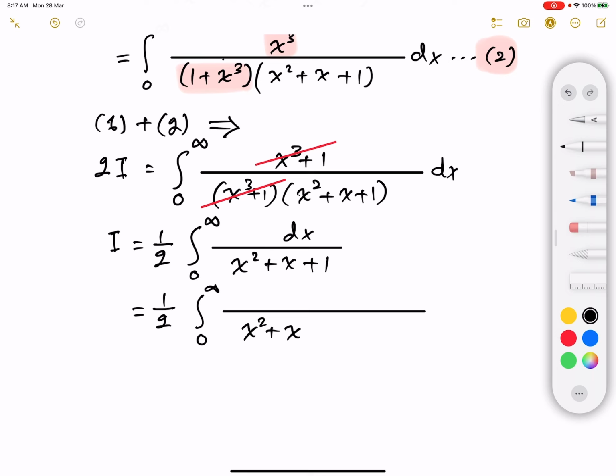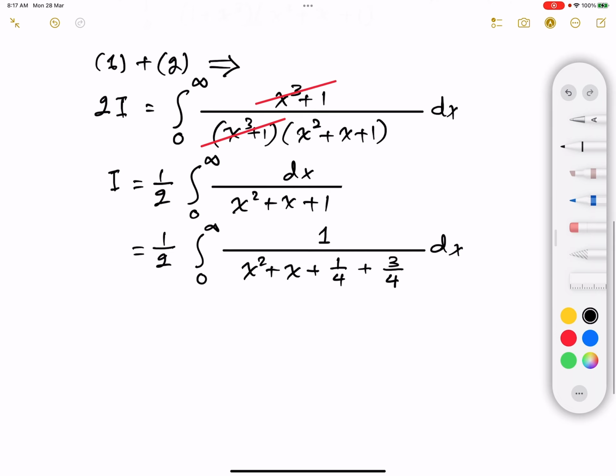Now we need to add the square of half the coefficient of x. Now x has a coefficient of 1. Half of that is half, squared that's going to give us 1/4. So the 1 can be split as 1/4 and 3/4. We still have 1 in the numerator.